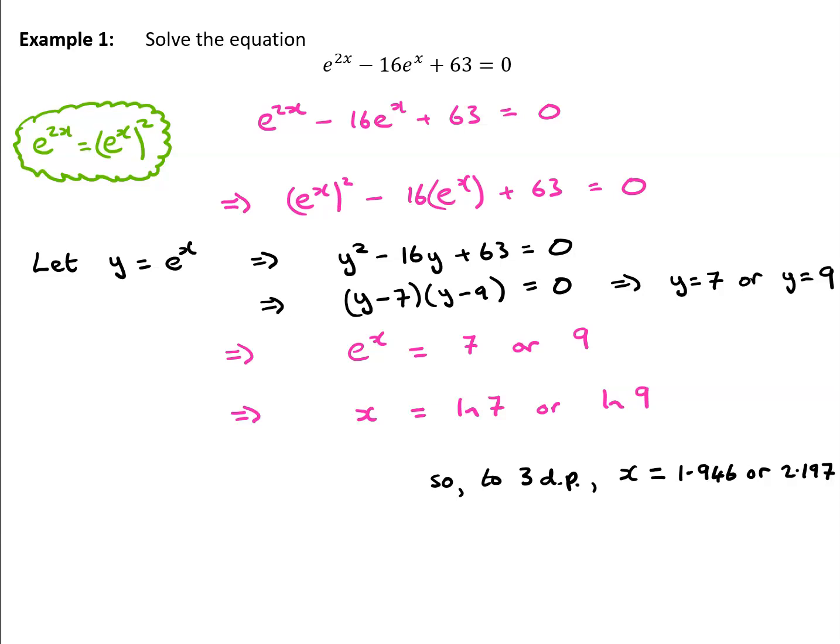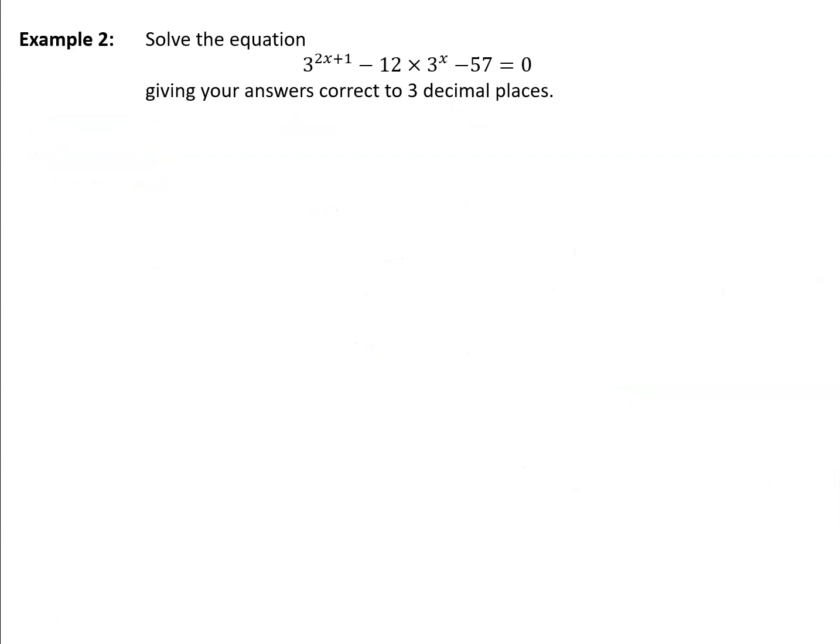Moving on to a second example, we've got to solve the equation 3^(2x+1) − 12 × 3^x − 57 = 0, giving our answers correct to 3 decimal places.